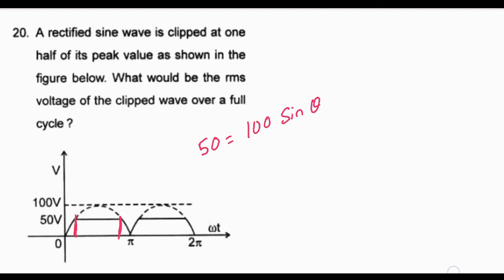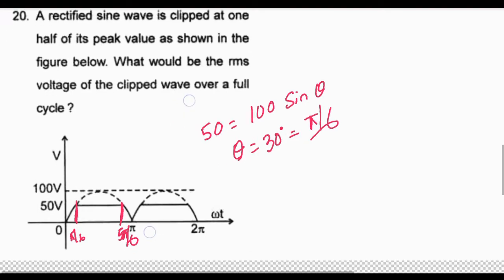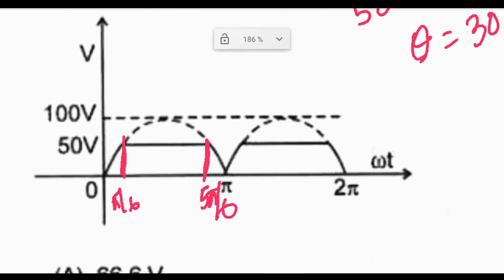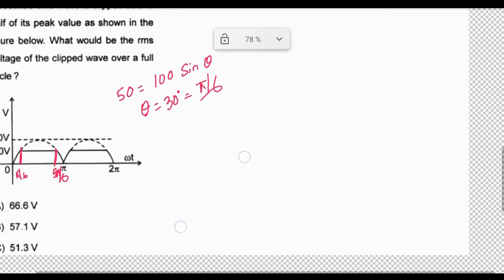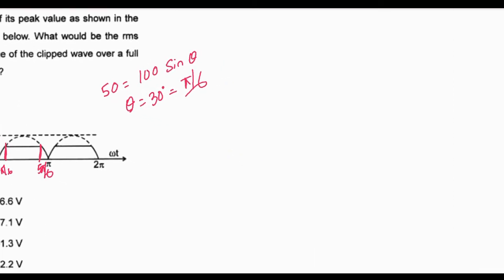Theta value will be 30 degree, or this will be pi by 6. So this is pi by 6, that means 30 degree, and this is 5 pi by 6, that means 150 degree. These values we know. So we can now apply the integration, that is RMS value.